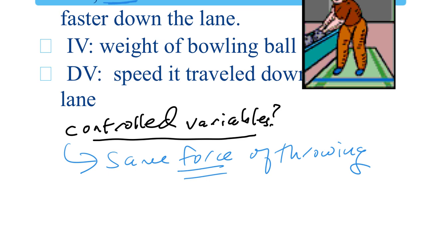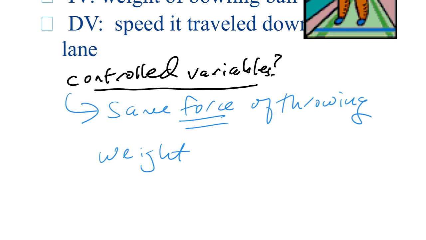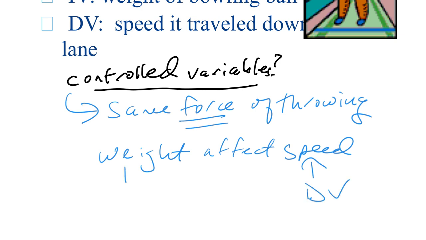The experimenter is changing the weight of the ball and then seeing how that affects the speed. So he's kind of wondering, does the weight of the ball affect the speed? Okay, the speed is a dependent variable. The weight of the ball is what he's manipulating, the independent variable.